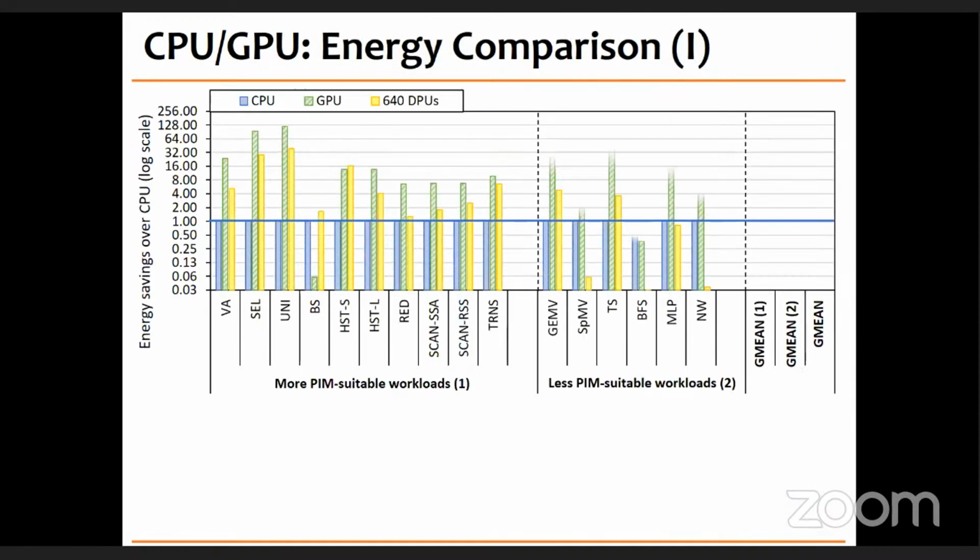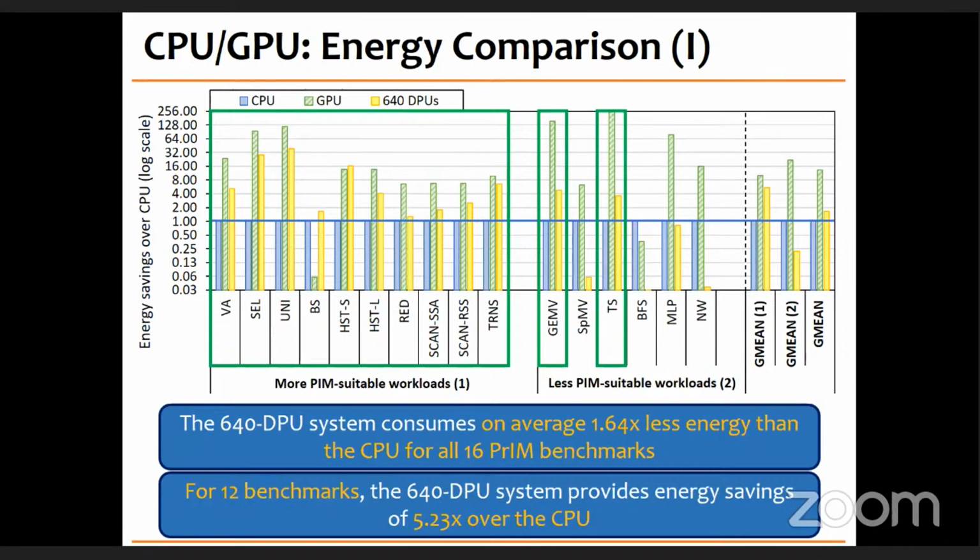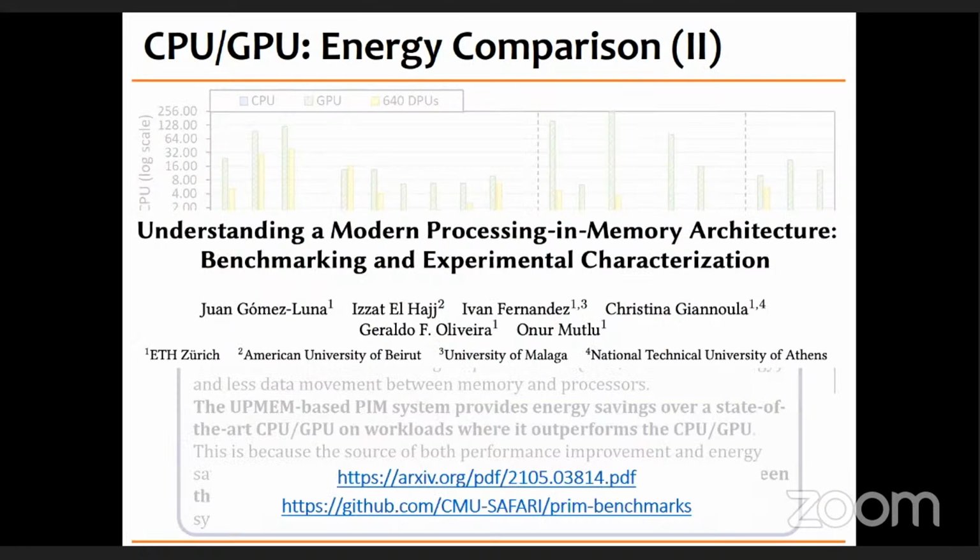And then here you also have some results for energy comparison. We could only do the energy comparison for the smaller system, for certain reasons related to the setup itself that we cannot control. But yeah, we also see very good energy results in comparison, especially to the CPU.